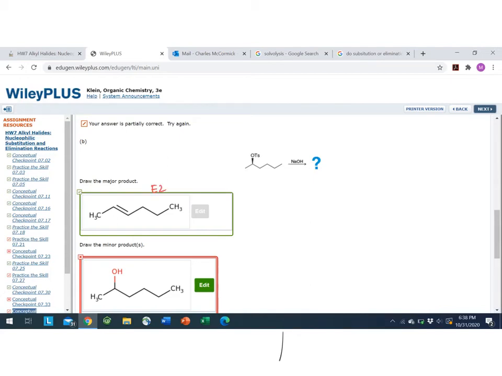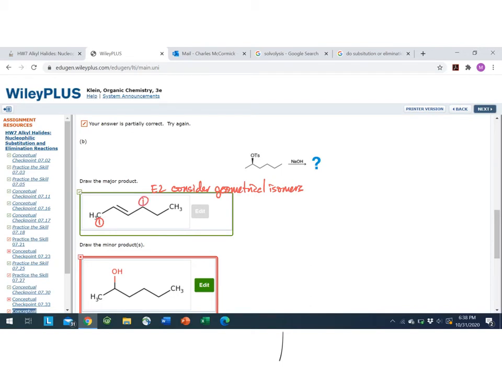So when you're in the elimination manifold, you have to consider geometrical isomers. So you've drawn, again, if we consider which one is the number 1 priority here. This is the number 1 priority. They're apart from one another.